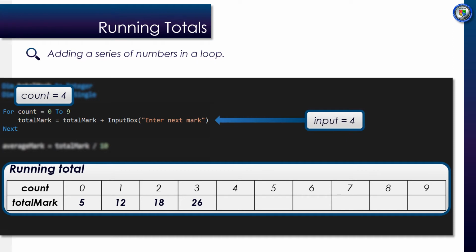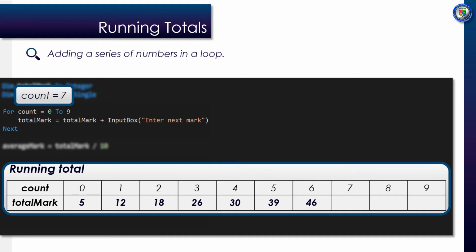Again, fifth time, input 4, we now have a running total of 30. Count equal 5, or the sixth time round the loop, input 9, we now have a running total of 39. Seventh time round the loop, count equals 6, input 7, we now have a new running total of 46.